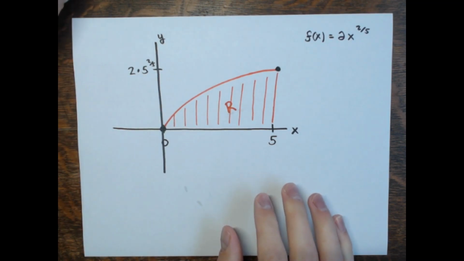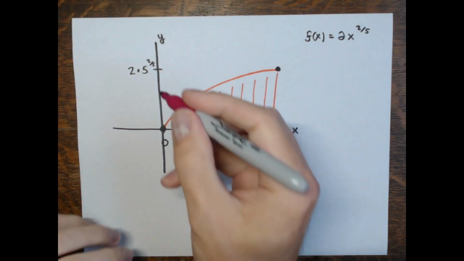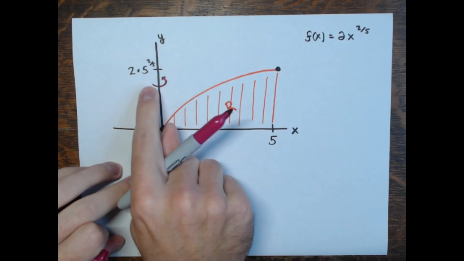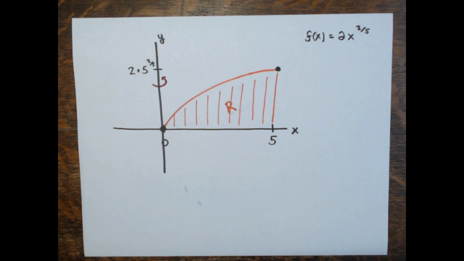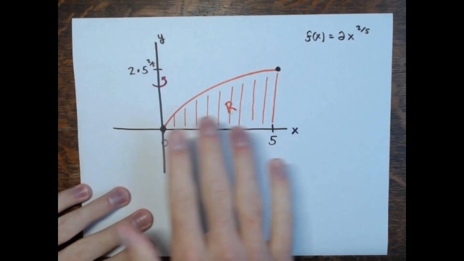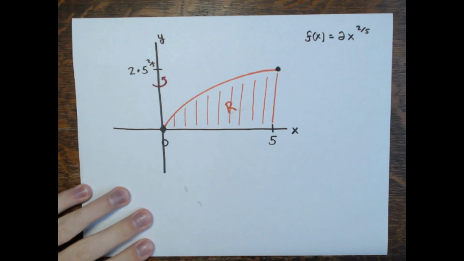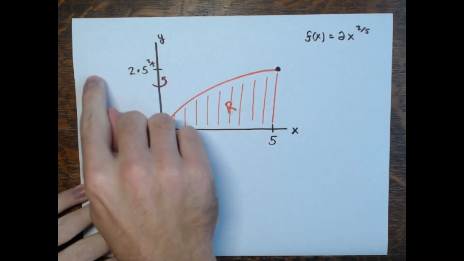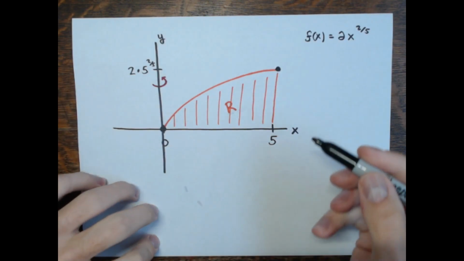Now we're asked to revolve this region, or rotate this region, around the y-axis. So I'm going to make this little loop here. Hopefully you can picture that if I were to sweep this around the y-axis, I'd create a little three-dimensional shape with a little divot in it, kind of a bundt cake.